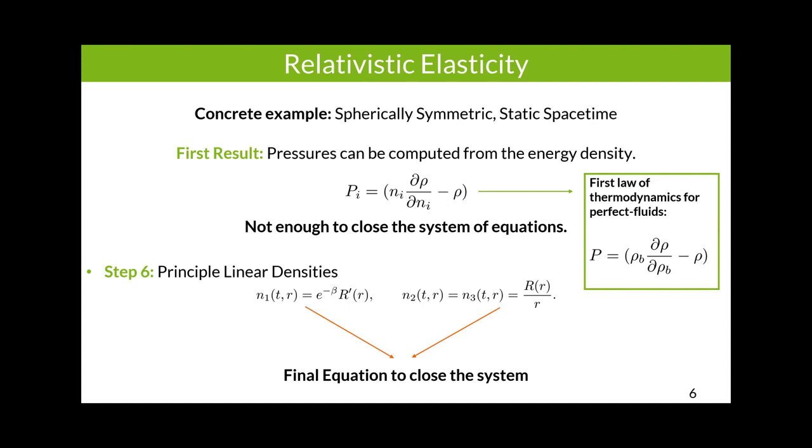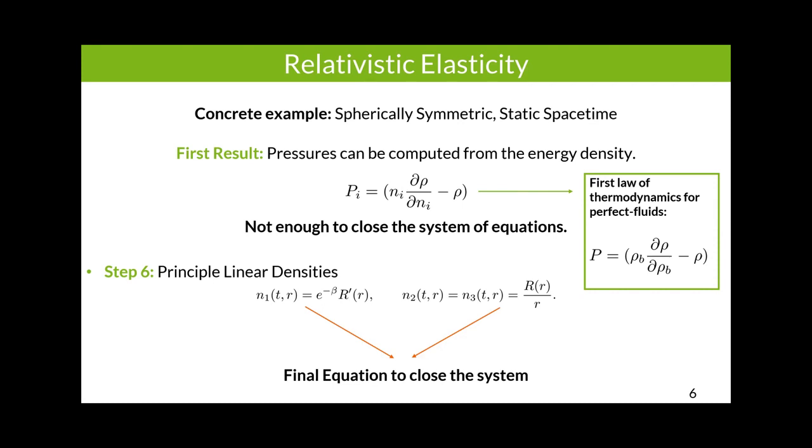Although we have this expression, it is not enough to close the system of equations, right? We are just rewriting the pressures in terms of these Ni's. To close it, we need to go one step further. We compute these principal linear densities, these Ni, which are the eigenvalues of that matrix, and you get these eigenvalues here. N1 is, for example, this, in terms of the derivative of this radial coordinate with respect to the radial coordinate in our original physical metric.